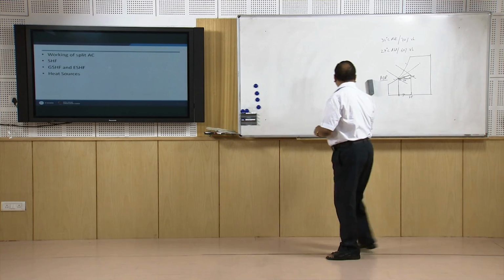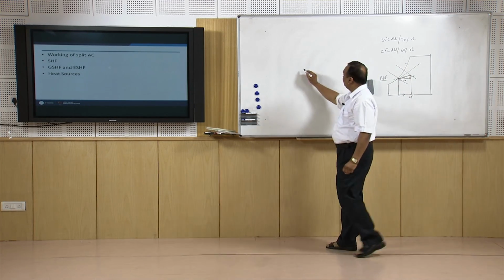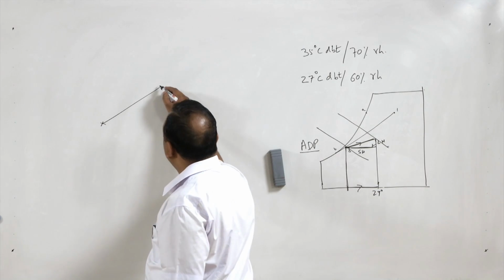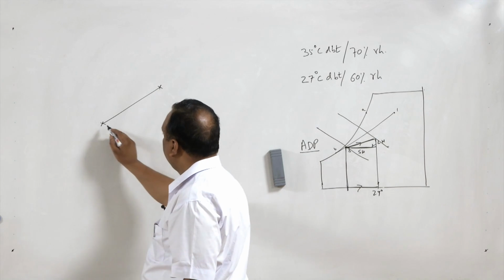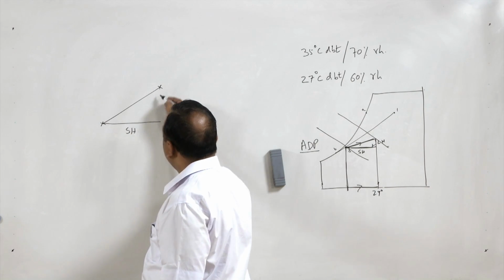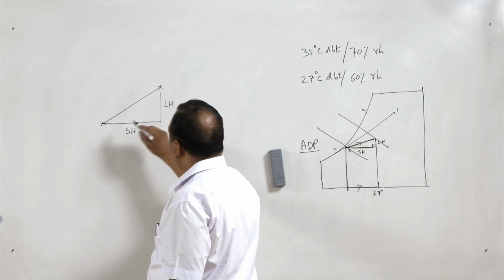Now, after the working of a split AC, we will talk about sensible heat factor. As I told earlier, this is the room load. If this is the room load, air entering the room at this temperature and leaving the room at this temperature, this is the sensible heat added in the room, and this is the latent heat added in the room.